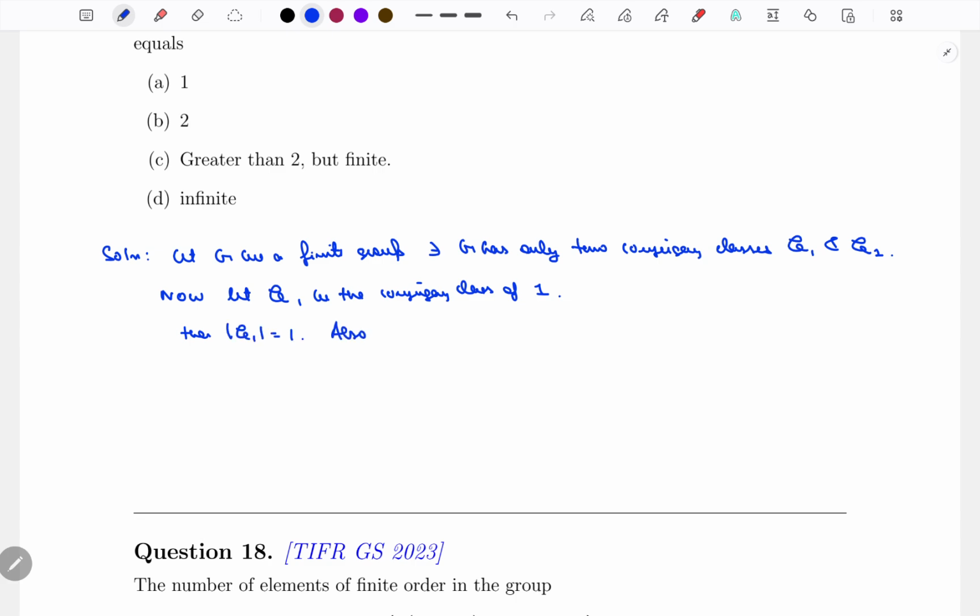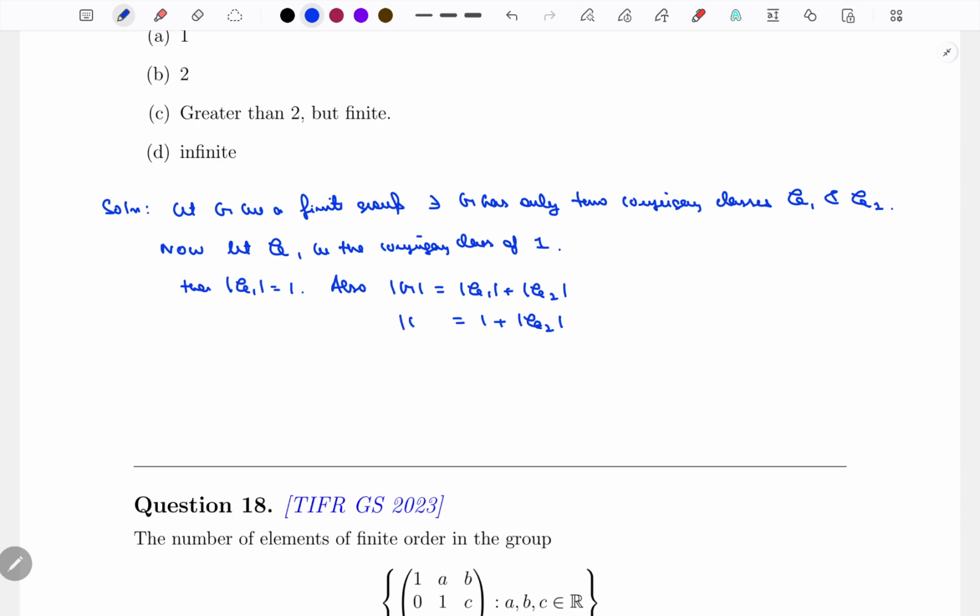Also, we know that conjugacy classes come out as a result of an equivalence relation, so these are basically equivalence classes. Also, the cardinality of G is exactly the cardinality of C1 plus the cardinality of C2, so this is equal to 1 plus the cardinality of C2.